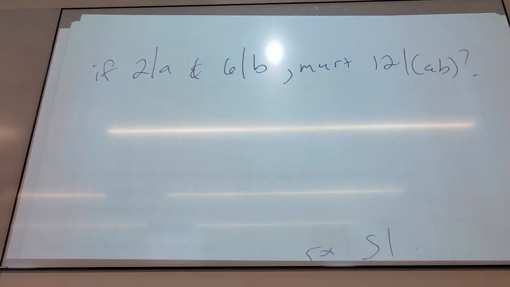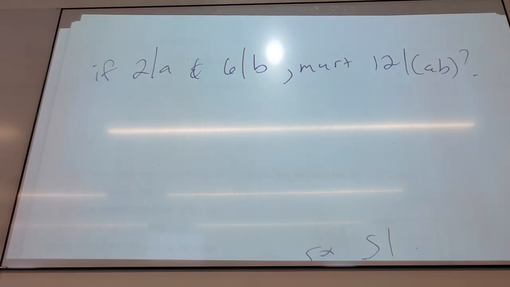Are both 2 and 6 going into the same number? 2 divides what number? When I say number, you don't know what the number is. What does 2 divide? A. 2 divides the number A. 6 divides the number B. They divide separate things, yes? You guys with me? If you gave yourself numbers, that is automatically too specific.